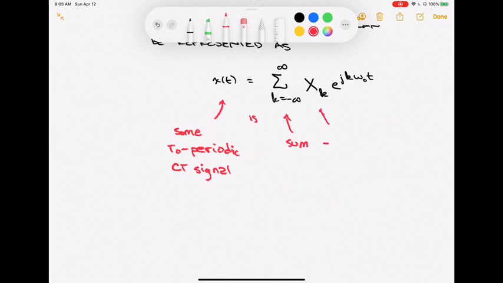Those are just scale factors, so scaled. And then what are the exponentials? Well, they're just exponentials, but they do have a particular frequency. Each component is an integer multiple of that base frequency, omega naught. So it's a sum of scaled, what we would call harmonically related exponentials.